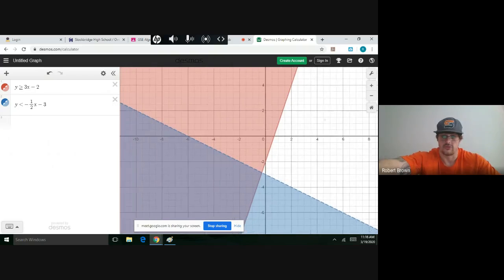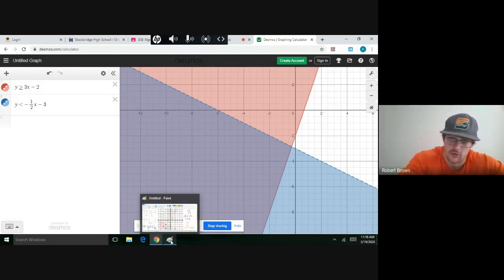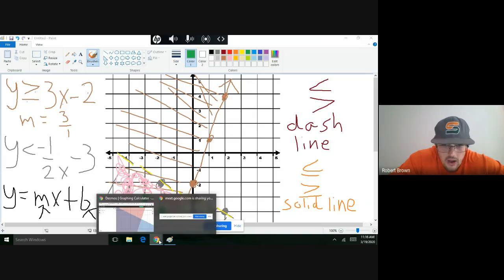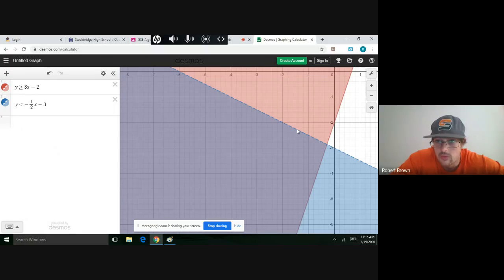Remember that point that I said worked for both? Let's look at those points and see how you see the darker shaded region. That's where your answers are. Remember I said -3, -3. These are going by 2, so -3 would be right here, and then -3 for y is down here.